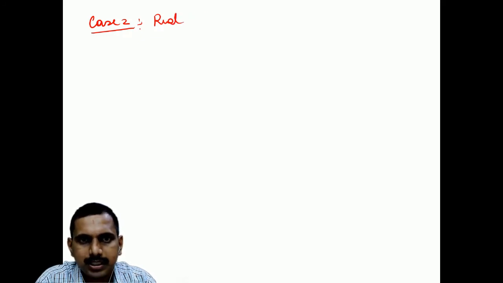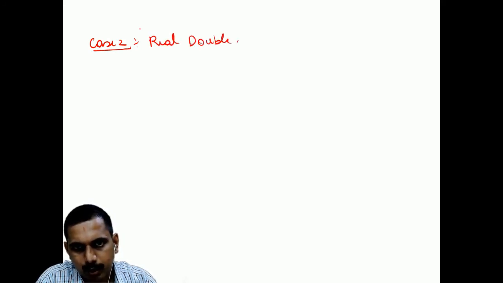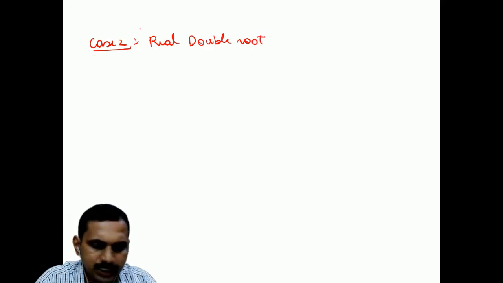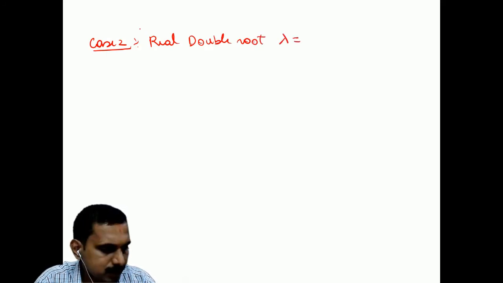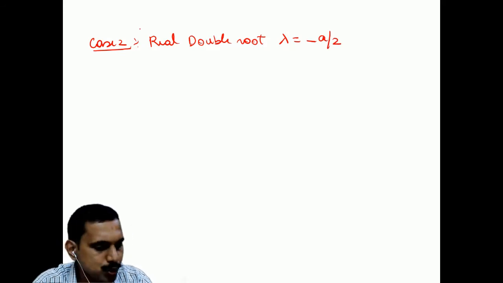Case 2 is a real double root. If it is a real double root, then lambda is equal to minus a by 2. Correct? Because the other side goes to 0.